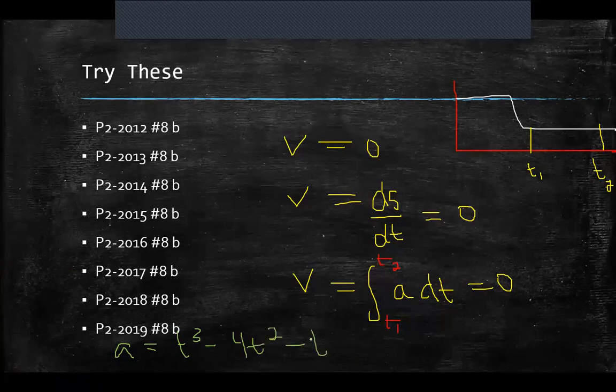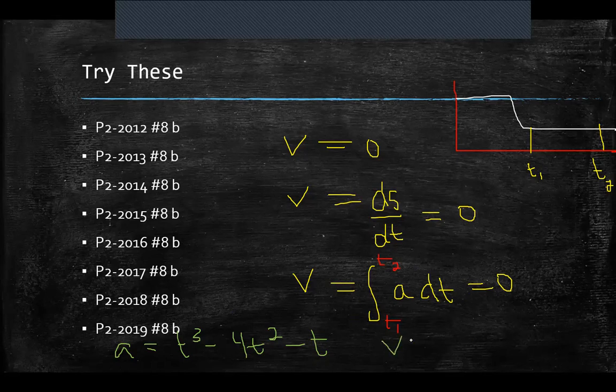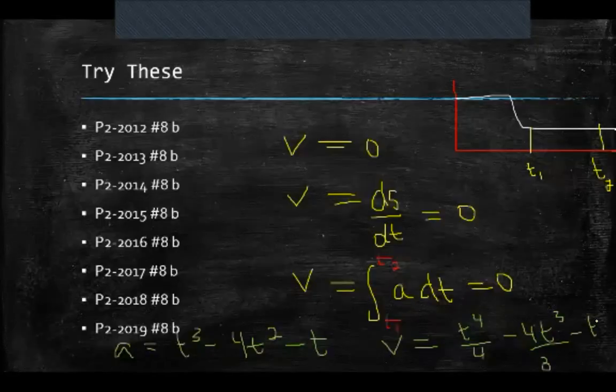I want velocity, so I know I have to find the integral. V, the integral of this will give me t minus 4t cubed and 3 minus t squared on 2. My upper limit, my lower limit.